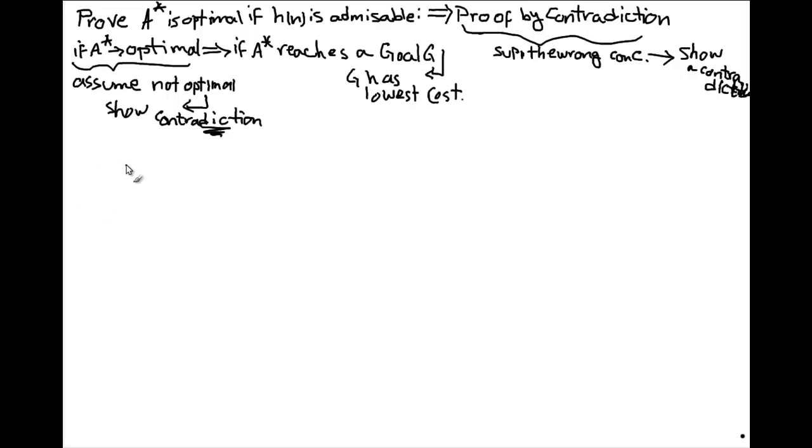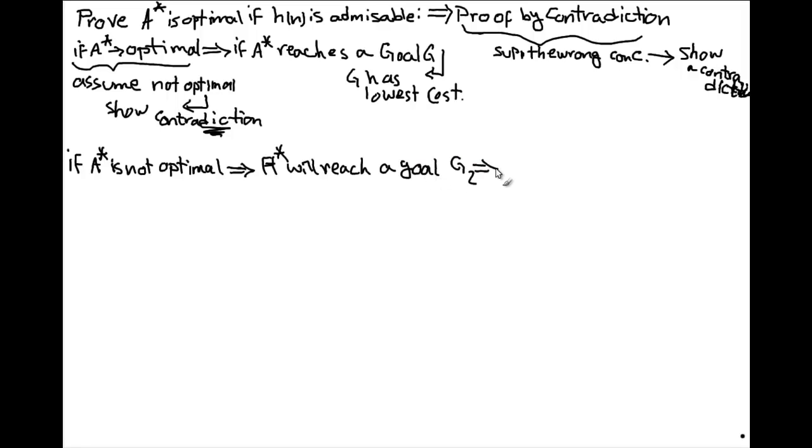First, let's take a look at what happens if we assume that A star is not optimal. What that means is that A star will reach a goal, and I'm going to call this goal G sub 2.